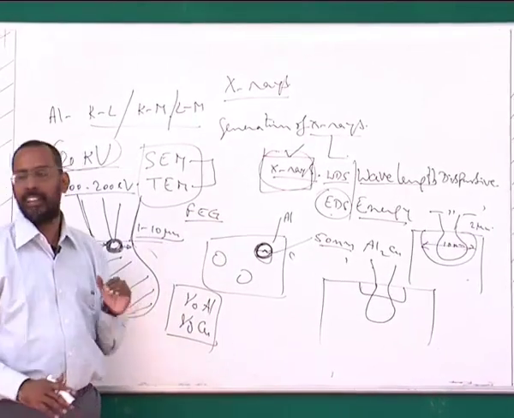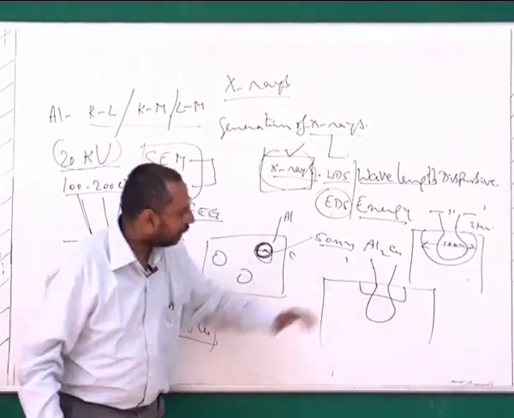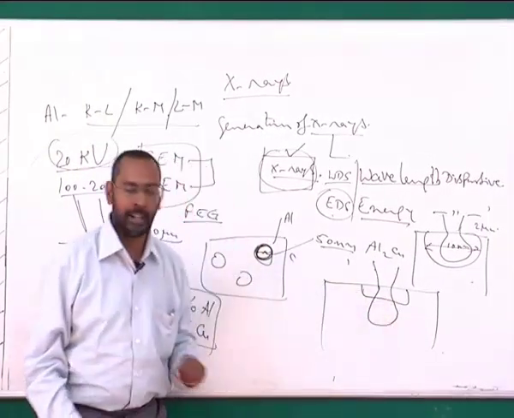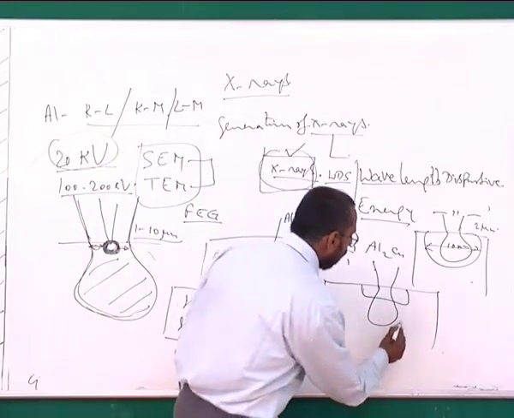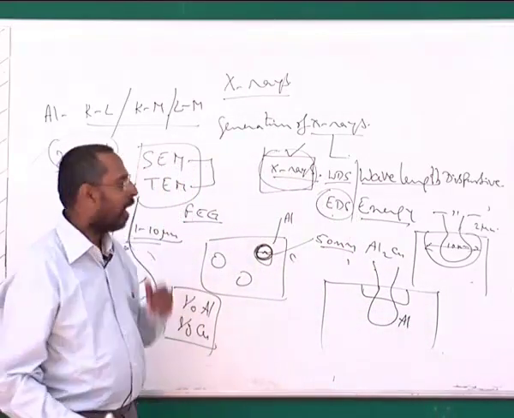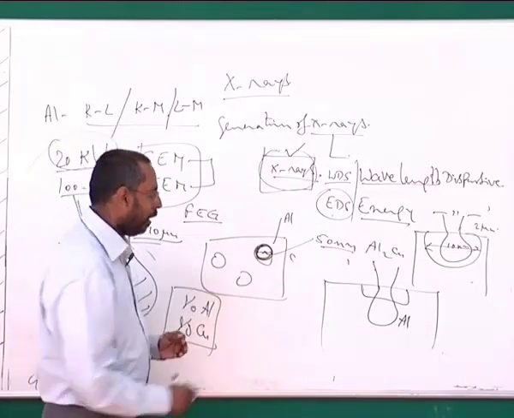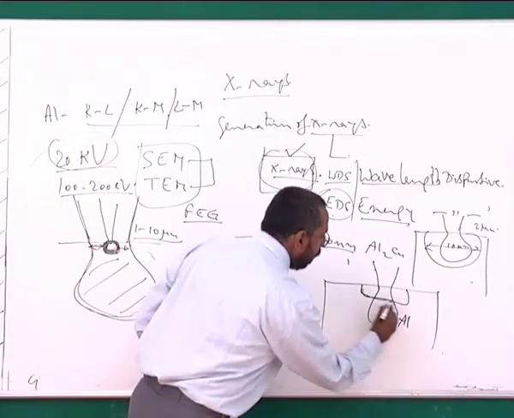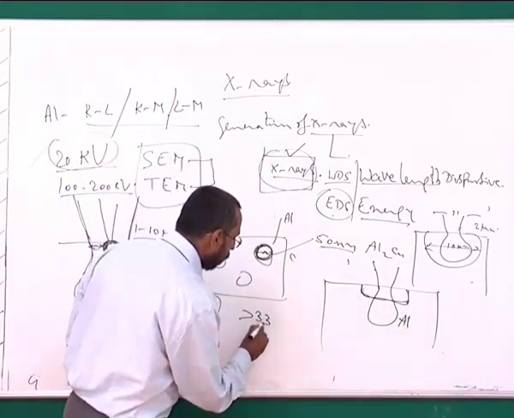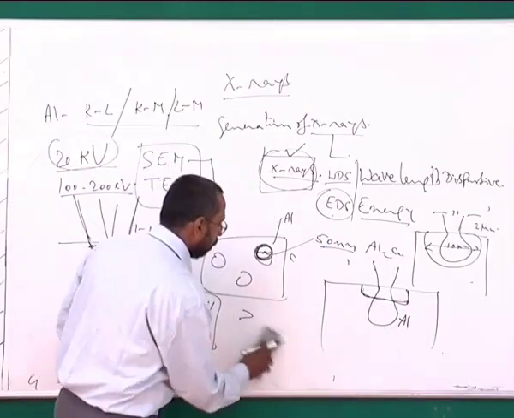So if such discs are present, some of the region below this particle is also covered, and if this region is an aluminum region, then when I do a quantitative analysis, the percentage of aluminum in this particle appears greater than expected.